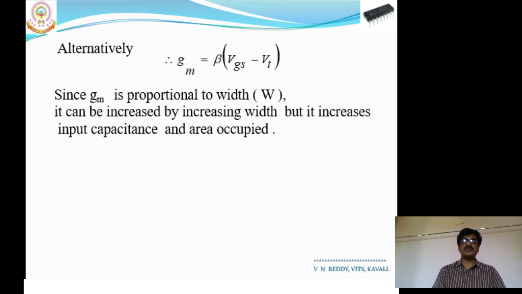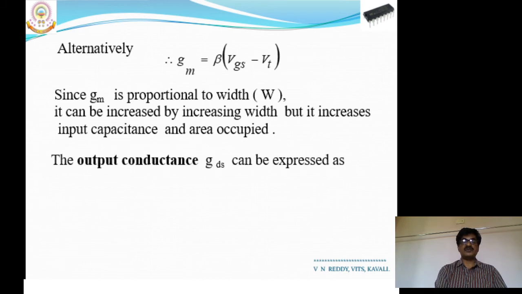Inversely proportional means decreasing that parameter increases the gm value. Why do we have to increase the gm value? If the gm value is increased, the speed of the system is increased. How can I say that? We can see that in the next topic, the figure of merit.